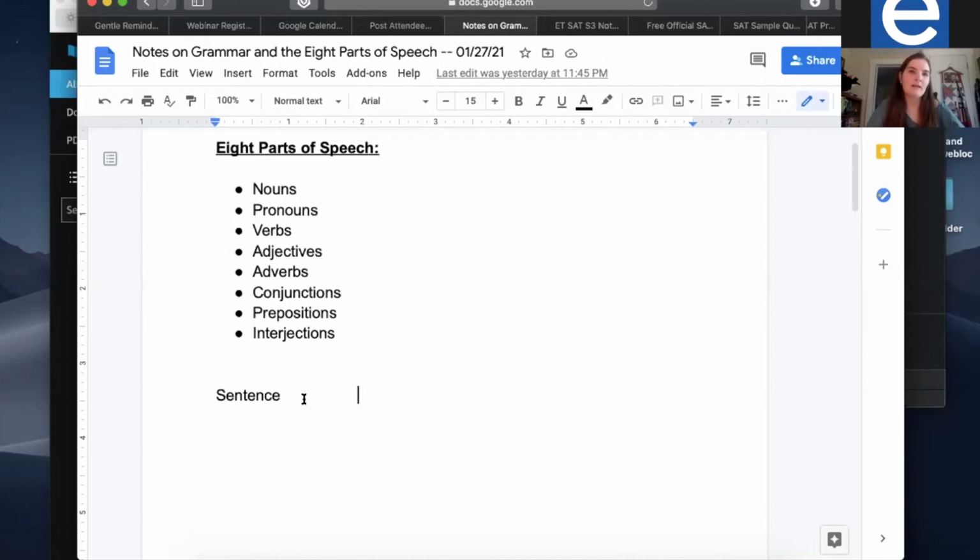For instance, the three main types you would be most familiar with are subjective pronouns, objective pronouns, and possessive pronouns, which are also technically possessive adjectives, which I'll get into in a minute. But basically, pronouns are words that can take the place of a noun in a sentence.